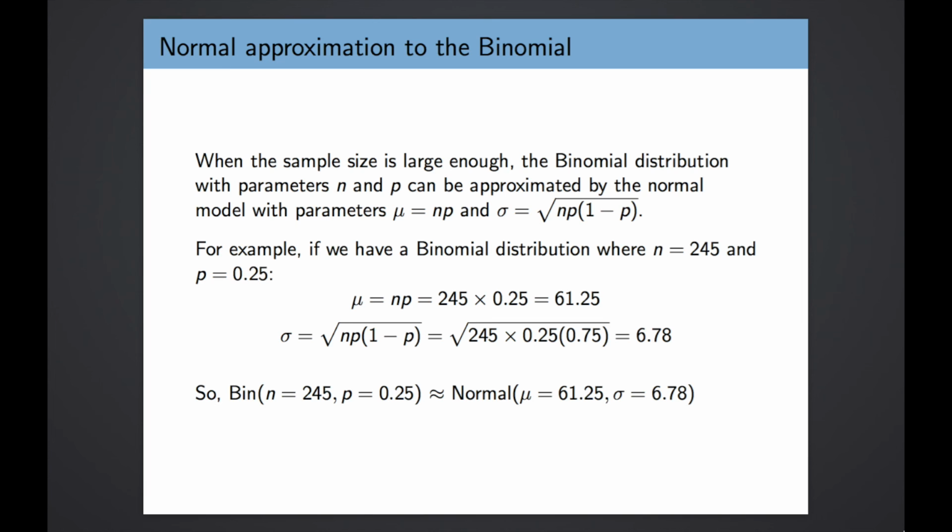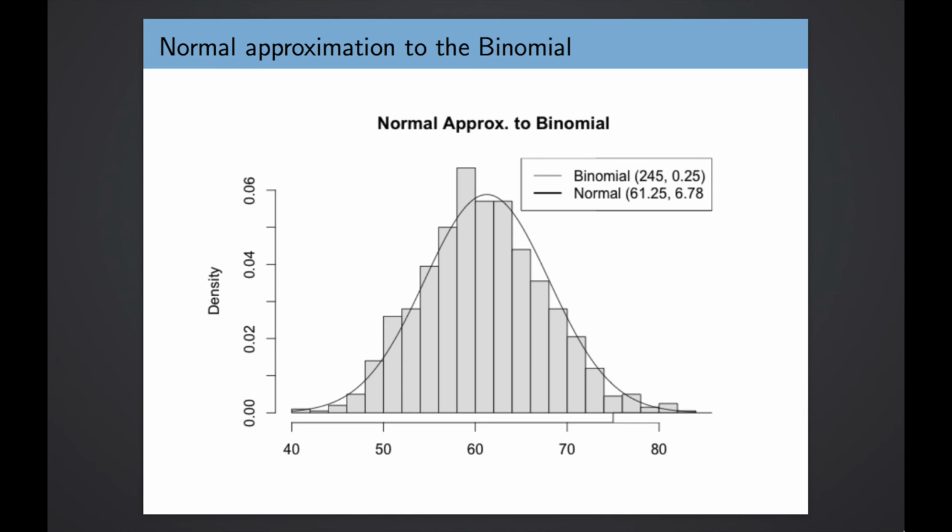So the binomial distribution with parameters 245 and 0.25 can be approximated by the normal distribution with parameters 61.25 and 6.78. And here's how that looks. This is a histogram of the binomial distribution with those parameters overlaid with a normal distribution with the correct parameters for a normal approximation to that binomial distribution.